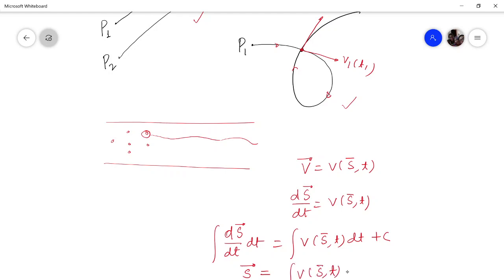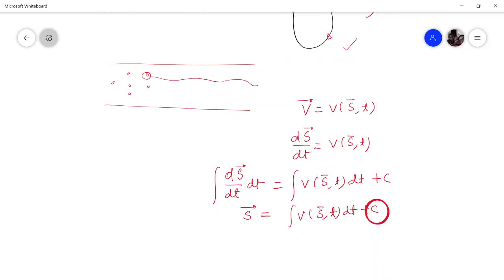The knowledge of the integration constant can only come from a boundary condition, which is the position of the particle you are tracing at a specific stipulated time, that is s naught. Therefore, this is a pure Lagrangian concept. So this is what we mathematically mean by a path line.